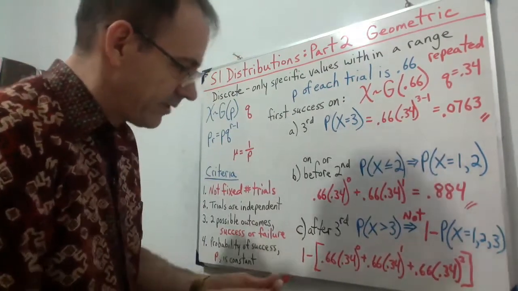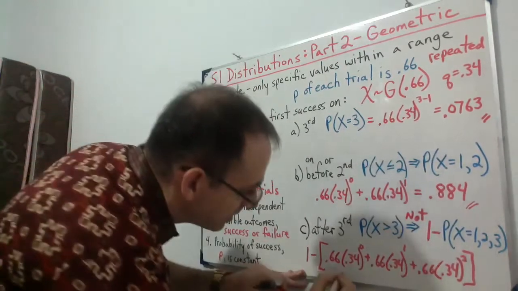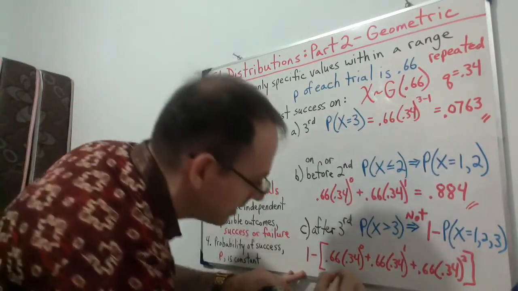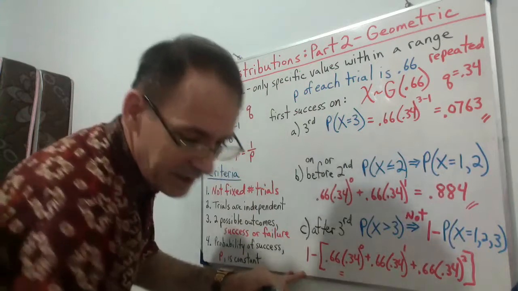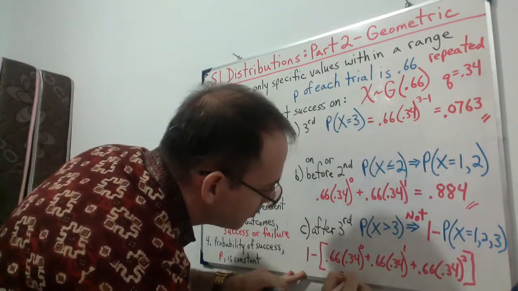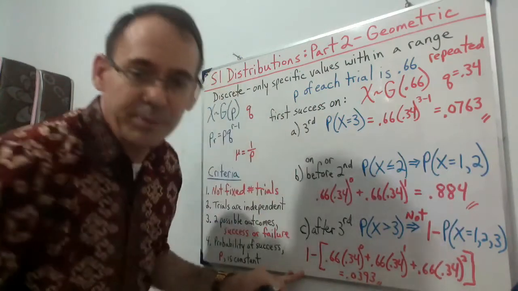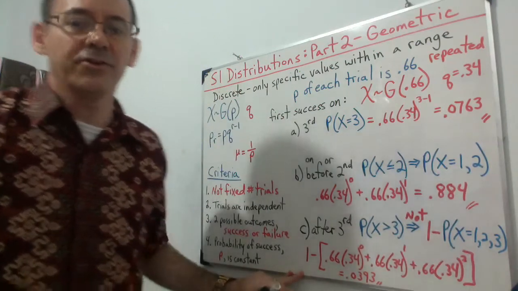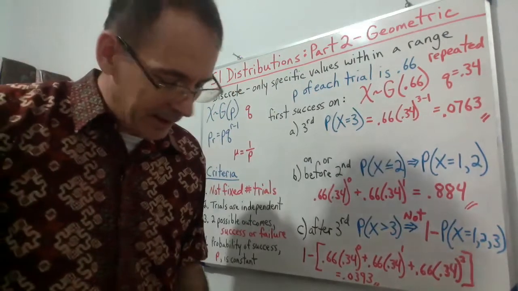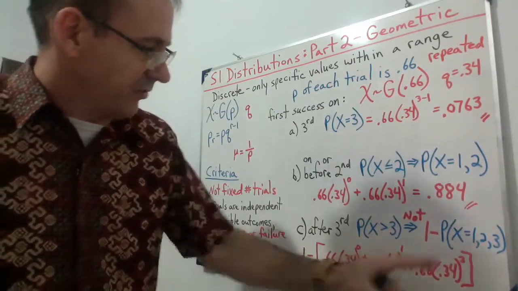I don't have a lot of room down here, so I'm going to squeak it down at the bottom. I guess you can see it. All of this equals 0.0393. So I hope you can see it there at the bottom. 0.0393 should be the answer to all of this.